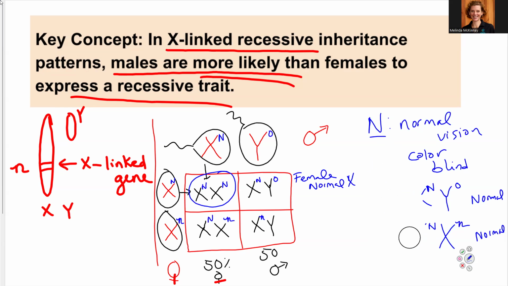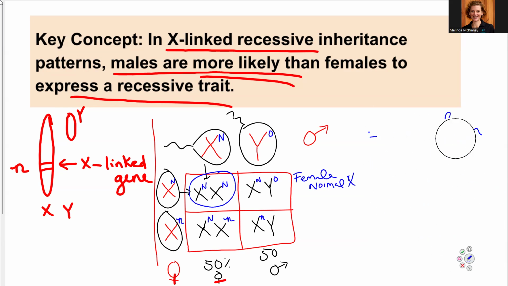Need to have a little more space over here. Okay. So female normal vision, homozygous dominant. Okay, so that's 1/4. And then we've got the other female down here.